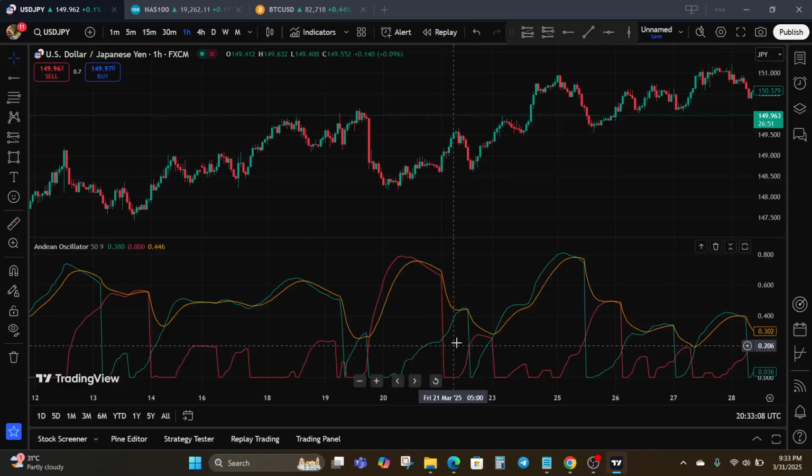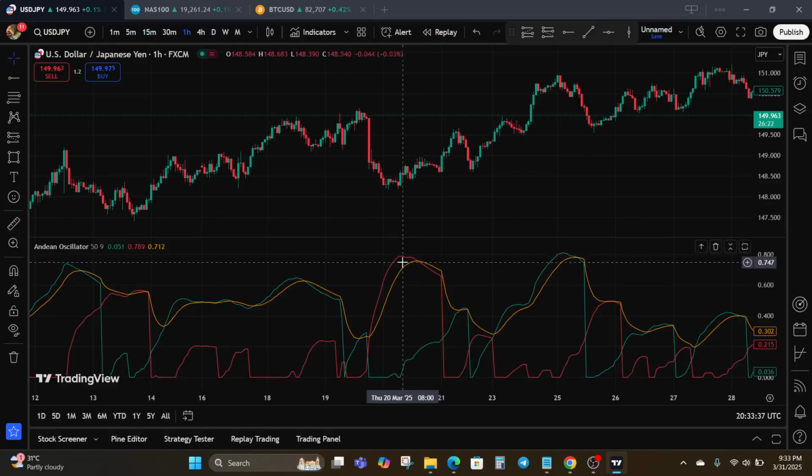When the green line is at the lower part of the indicator window, you have an oversold condition. Once that has emerged, look out for the green line starting to go up. Once that happens, you can look for a crossover between the red and the orange.